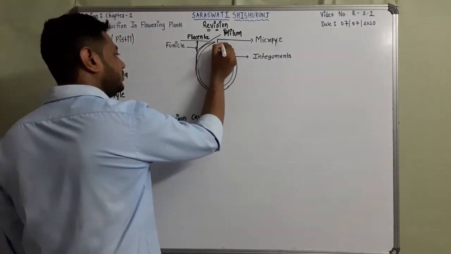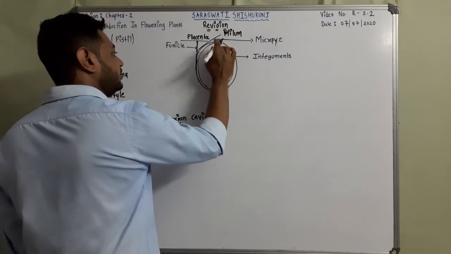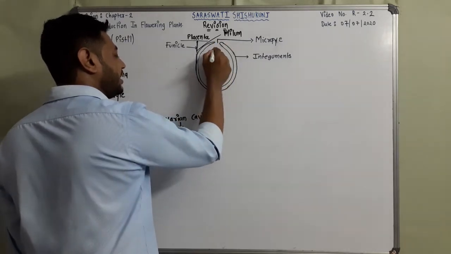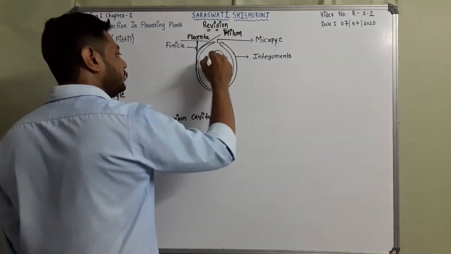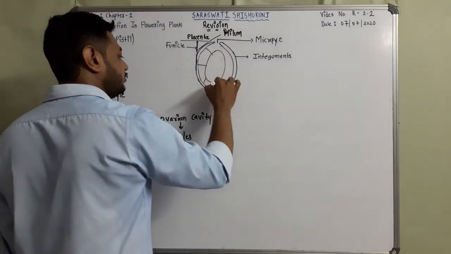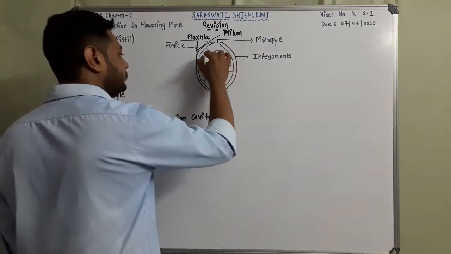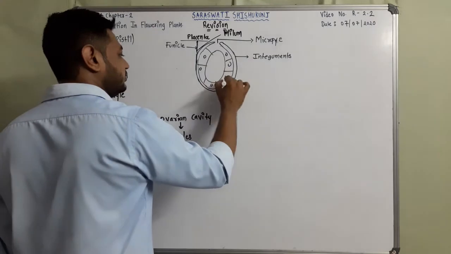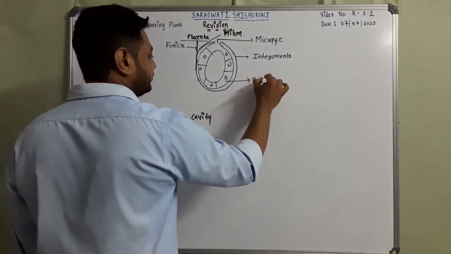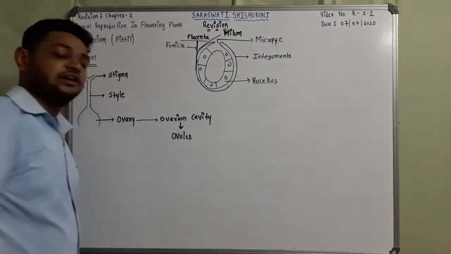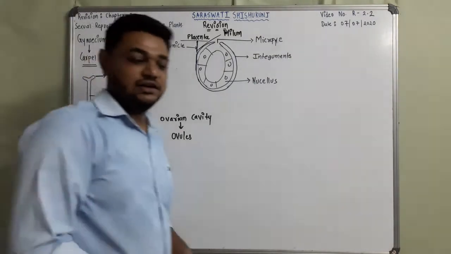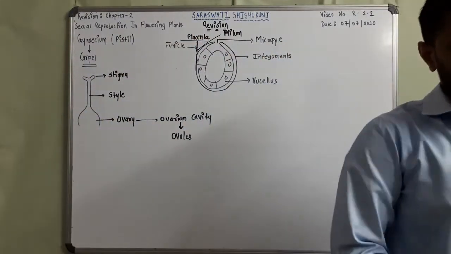After that, inner to it, there is a mass of cells called nucellus. They are abundant in food reserve, right?